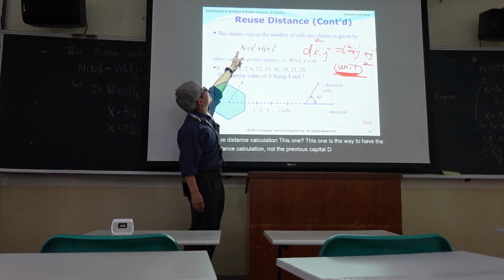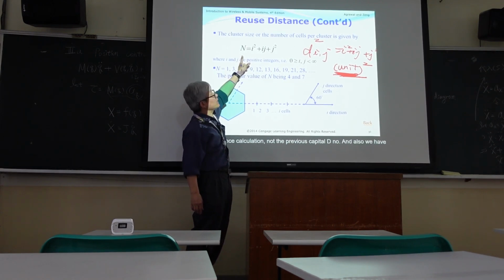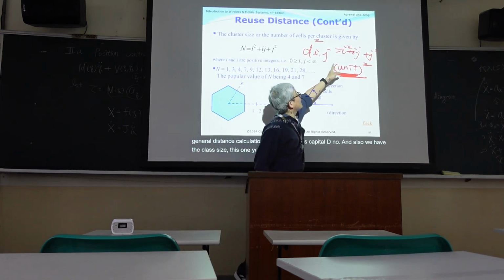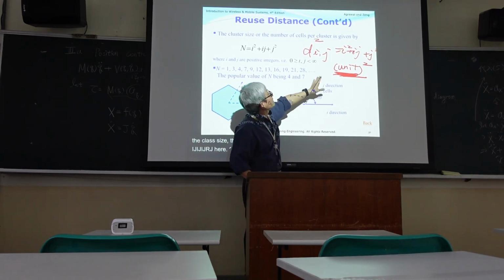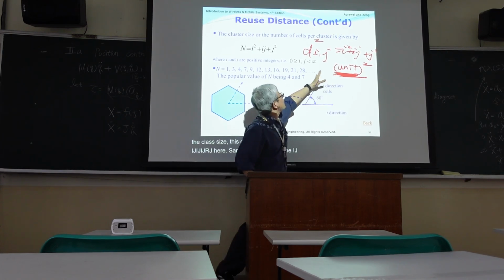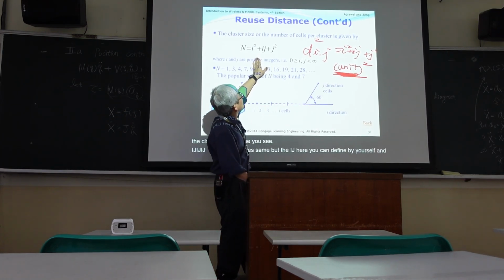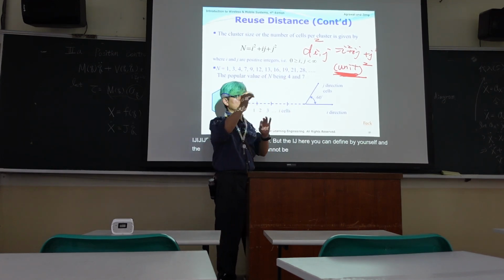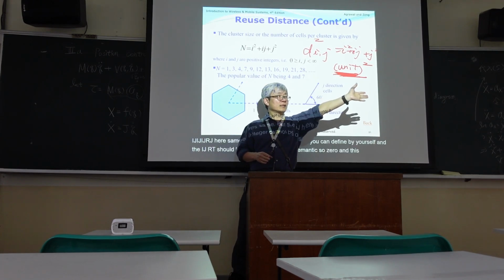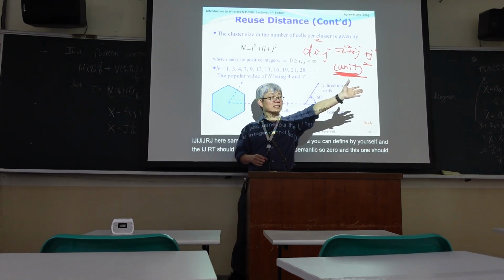And also we have the class size, this one. You see, IJ here, same. But the IJ here you can define by yourself, and IJ cannot be 0 simultaneously. So 0 and this one should be positive value.